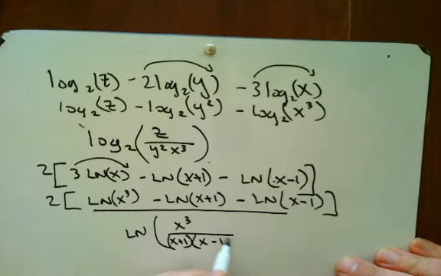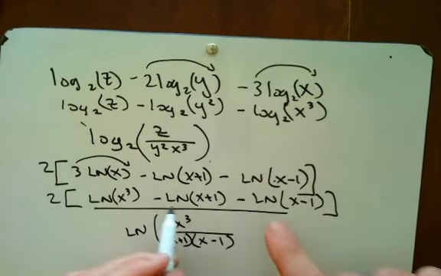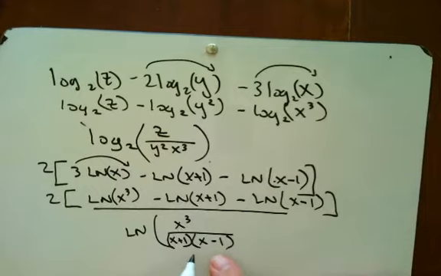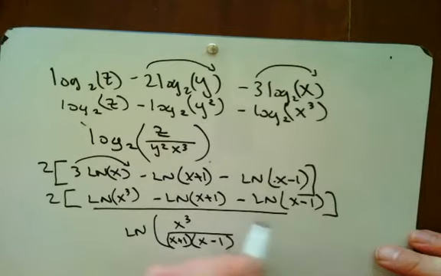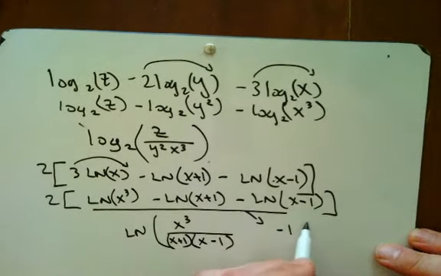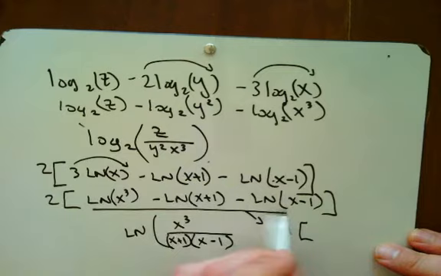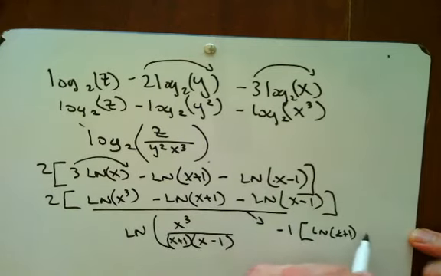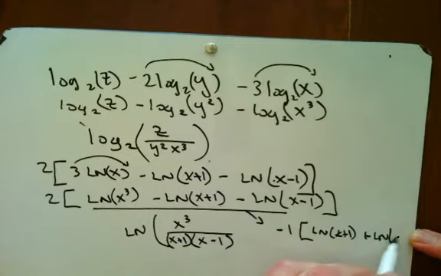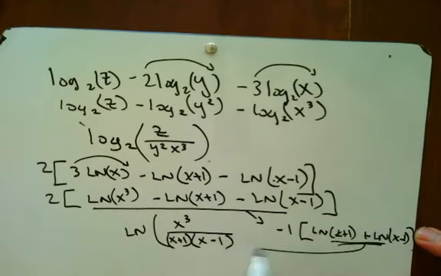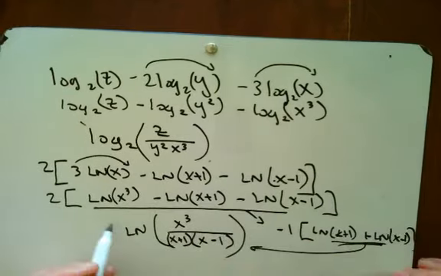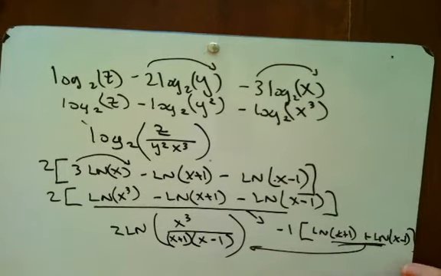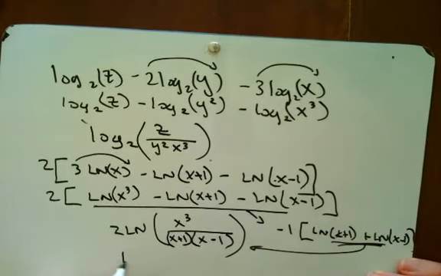I'll have ln of x to the third minus ln of x plus 1 minus ln of x minus 1. And then I see these can be condensed into 1 ln with x to the third on top and an x plus 1 times an x minus 1 on the bottom. Both of these go on the bottom and are multiplied together.